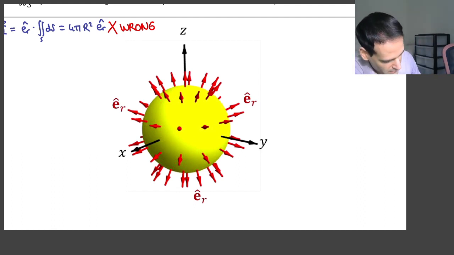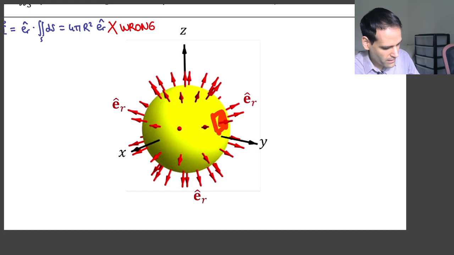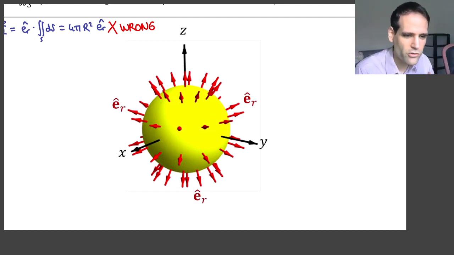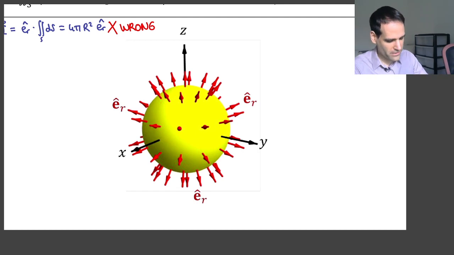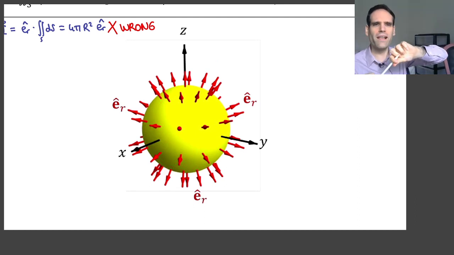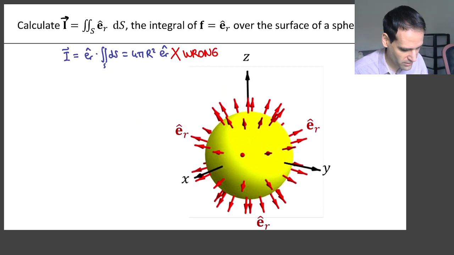So this is like saying, divide the sphere into tiny areas, calculate e_r on that area, and do that for every tiny area of the sphere and add up the different vectors. So of course the answer should be 0, because every single vector at any point in the sphere is cancelled out by an identical vector at the opposite antipodal point in the sphere. So the answer to this integration should be 0.